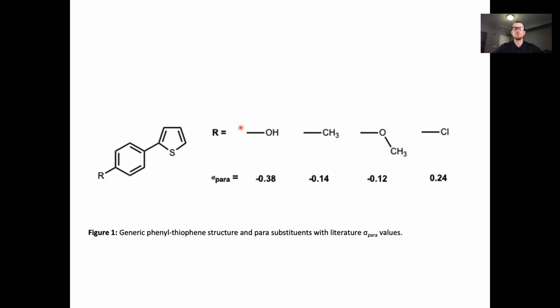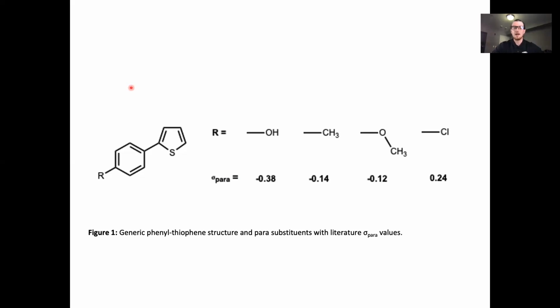The reason why we want to perform this is so that we can perform Hammett analysis. By performing Hammett analysis, it becomes kind of the key point in improving the technology of solar energy storage. This analysis allows for identification of possible mechanisms for the oxidative dimerization homocoupling reaction, and we use these sigma para values that are shown here on this slide of the molecules that we will be testing.